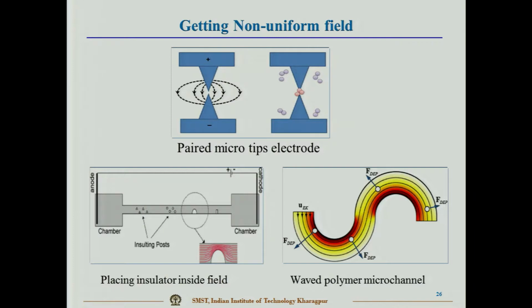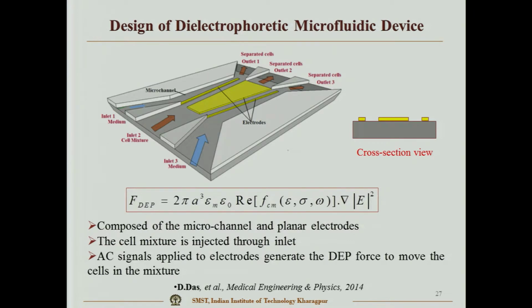It is a sequential process. Instead of that, I can have a continuous flow and continuous separation. Some of the other electric fields are shown here. So, how will we get the continuous separation of the samples?